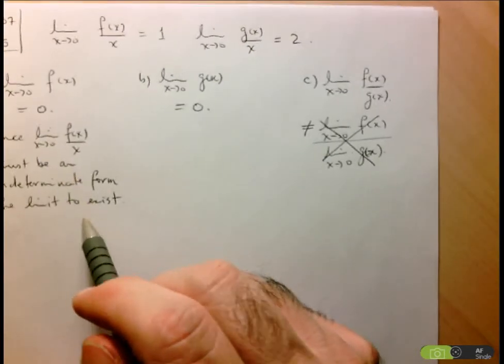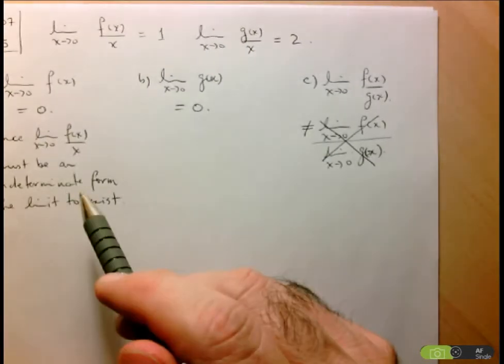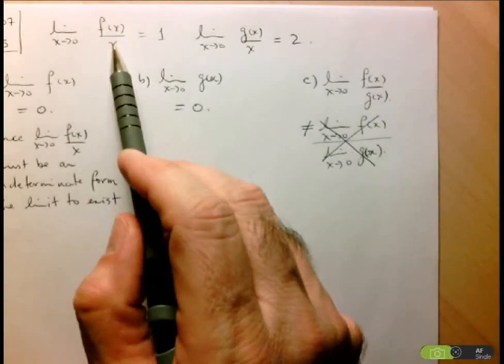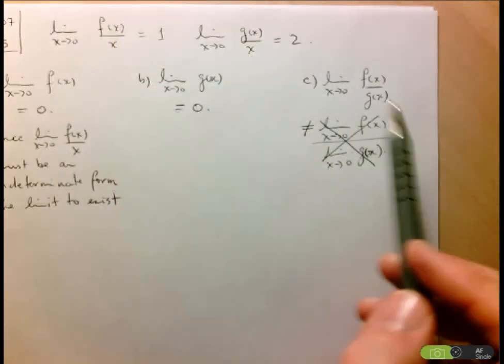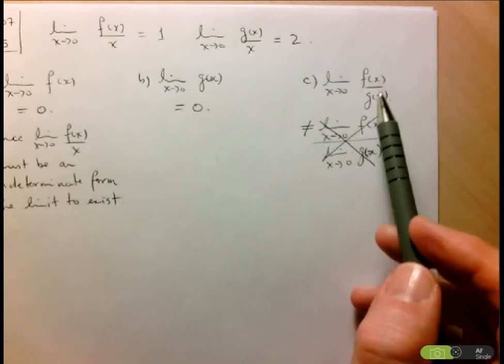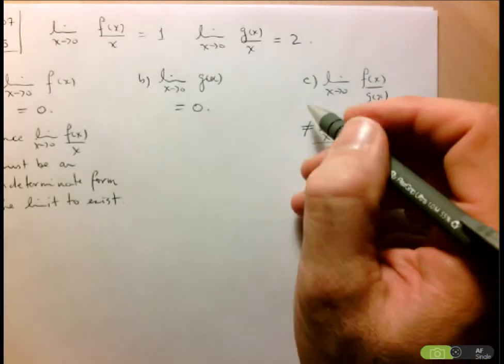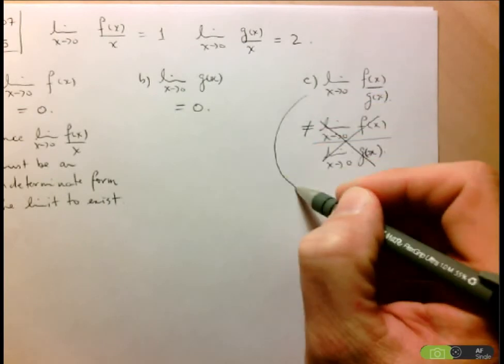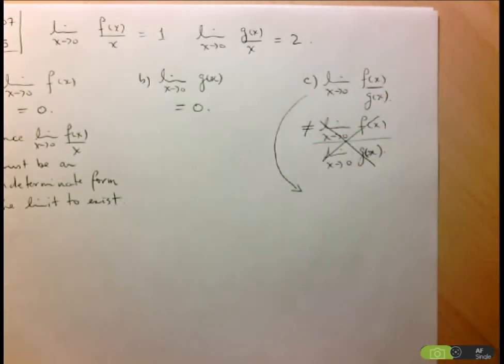A trick that you've seen in advanced functions is I need f of x over x and I need g of x over x. So what I can do here is just divide both numerator and denominator by x, which I'm allowed to do since I can multiply or divide the numerator and denominator of any fraction by the same amount, as long as it's the same amount.